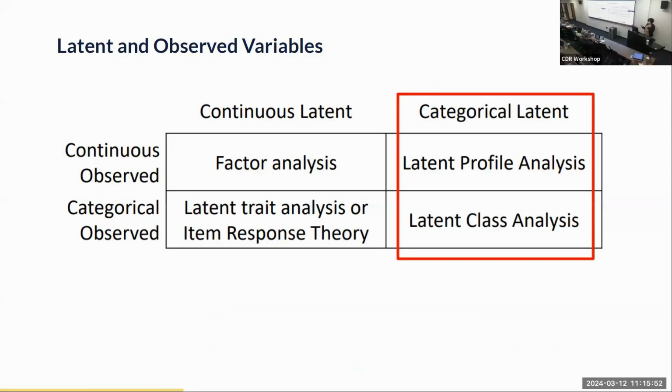But with continuous observed and categorical observed, if you understand this as being a categorical latent variable, then you can perform some type of latent class analysis if you're using categorical variables. Or if you're using continuous variables, it's known that latent profile analysis is the exact same thing. They just give it a cutesy name because of the different variable measurement.